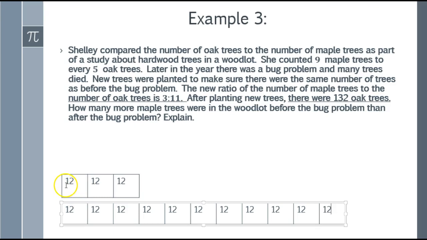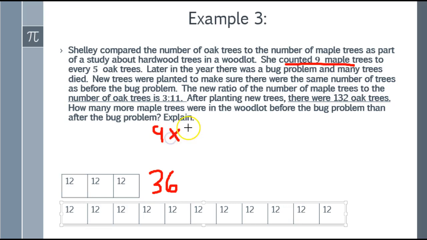So for these 3, I would have a total of 36 maple trees. If I want to go back and look at before the bug problem, it was 9 maple trees. So 9 times 12 gives me 108.